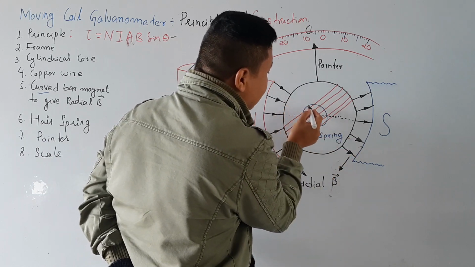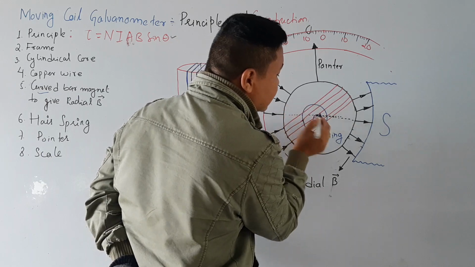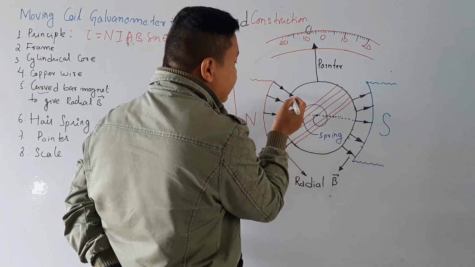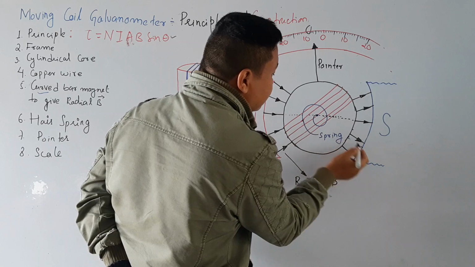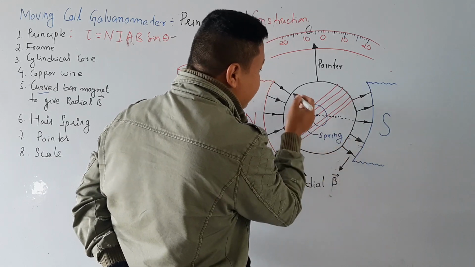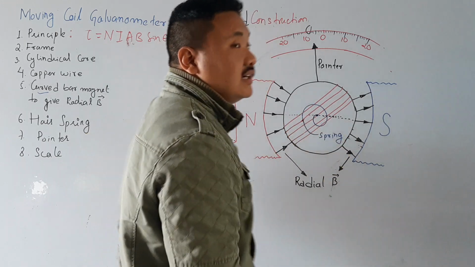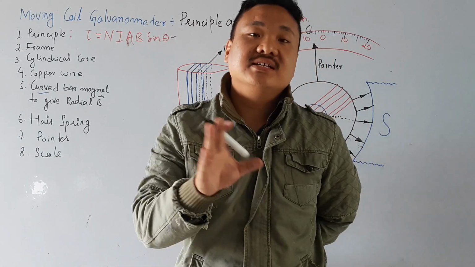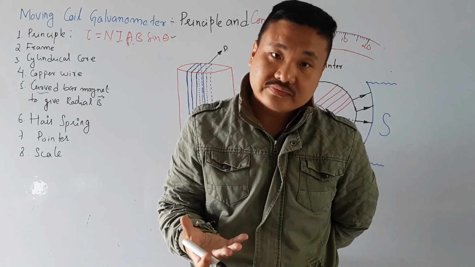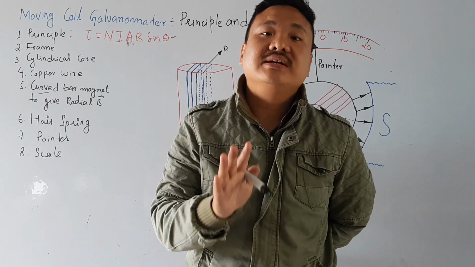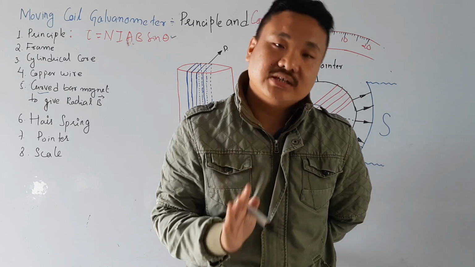It seems that the lines are intersecting and crossing. That would violate the properties of magnetic field, because magnetic field lines never intersect each other.